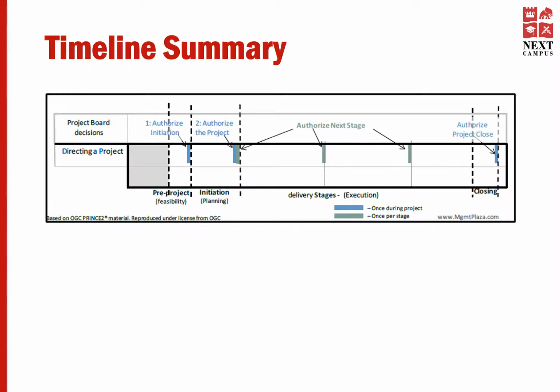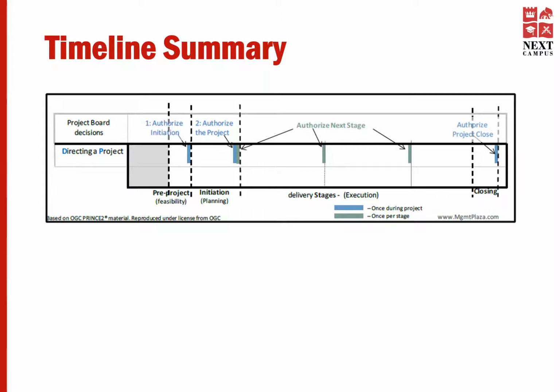Also, I wanted to show how stages relate to each other and how the closing a project process is part of the last stage. The timeline diagram has also shown how the project can be divided up into pre-project, initiation stage, delivery stages, and finally the closing stage.